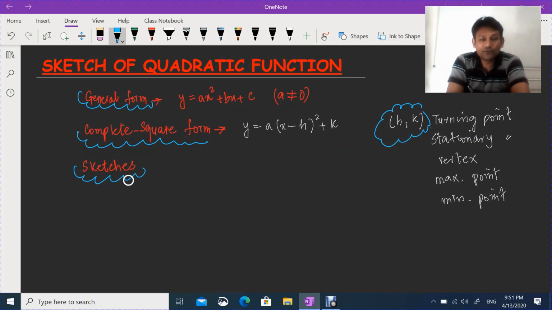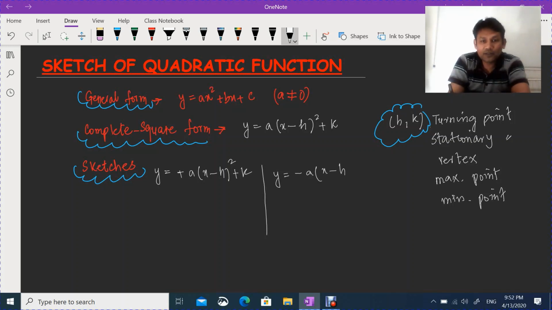There are two types of sketches for a quadratic curve. First is for example y equals, when there is no sign, a will be positive. And the second possibility is when a is negative.